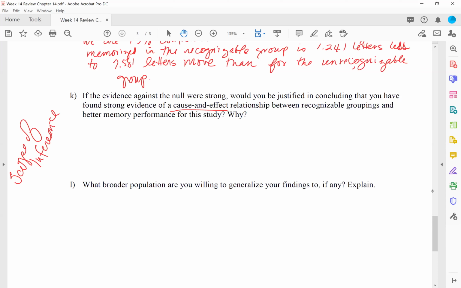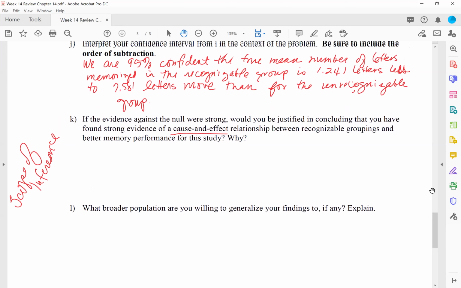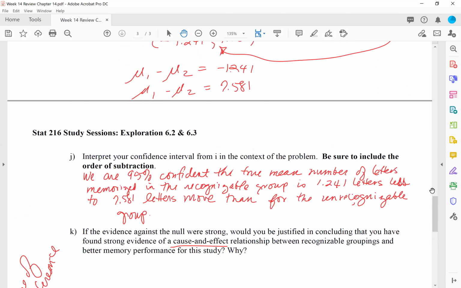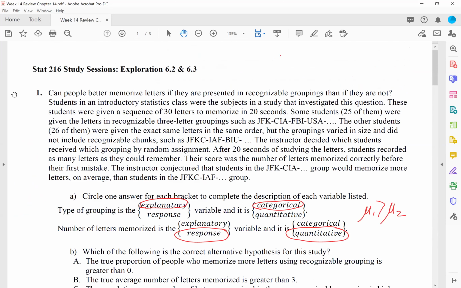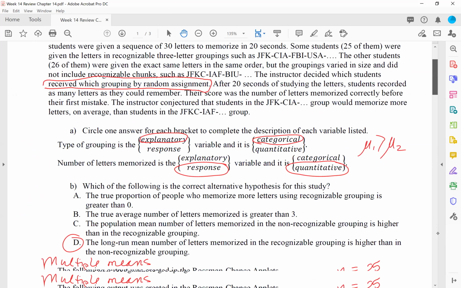Yeah, we'd have to have randomization. So we'd have to randomly assign the individuals to the explanatory variable group, which was either recognizable or non-recognizable groupings. Do we have random assignment? No. Don't think so. Yeah, we do. The instructor decided which students received which grouping by random assignment. Okay, so we do have random assignment, so we can talk about causation.